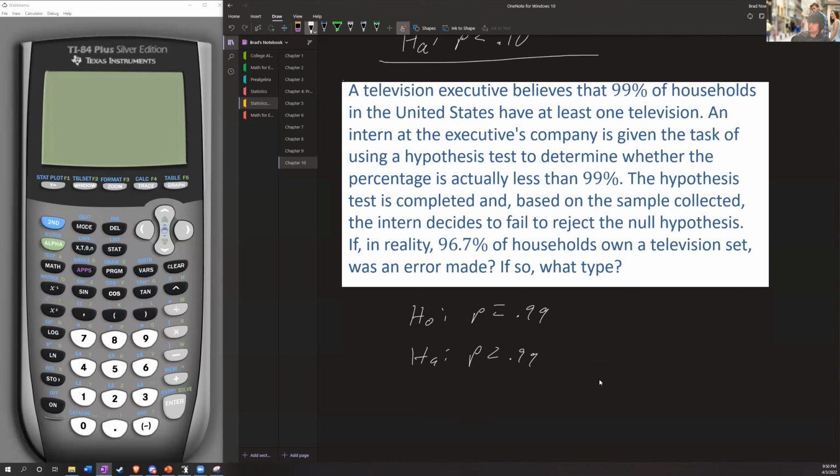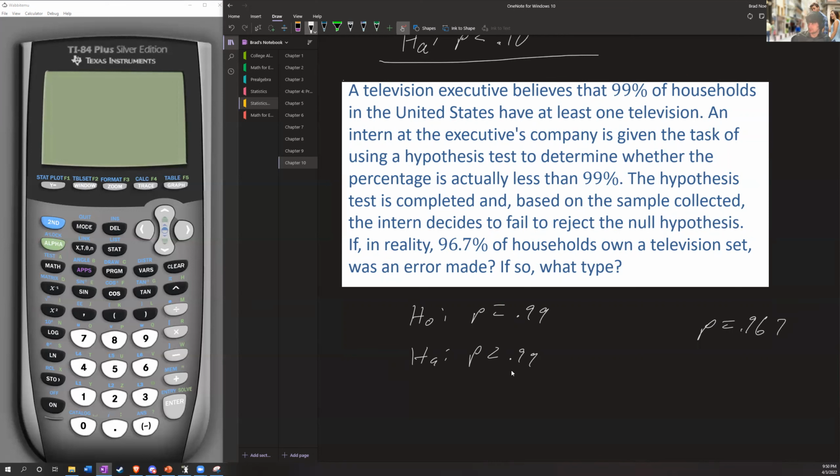And we know that actually P equals 0.967. So we actually do know that it is less than that, but didn't know that when we're doing this. However, based on the sample collected, the intern decides to fail to reject. So they do not reject the null hypothesis.